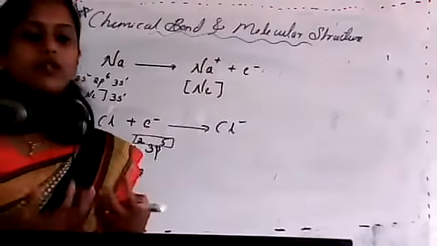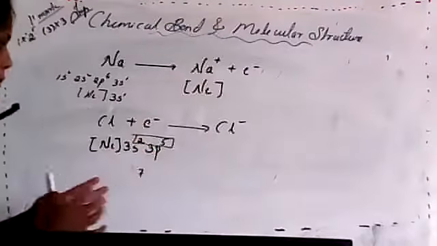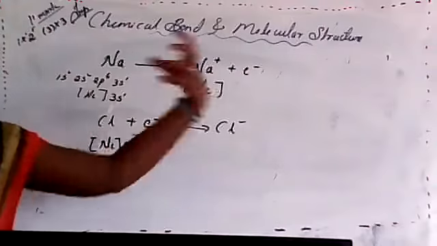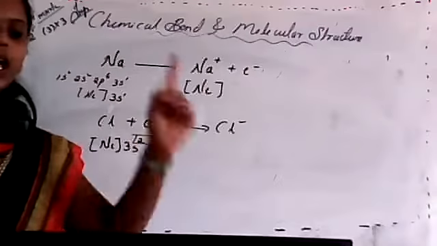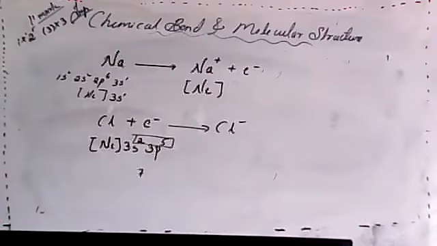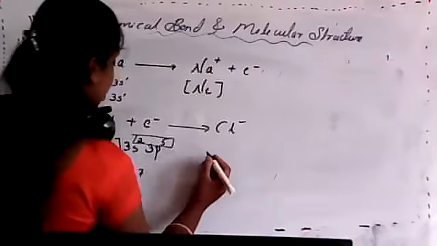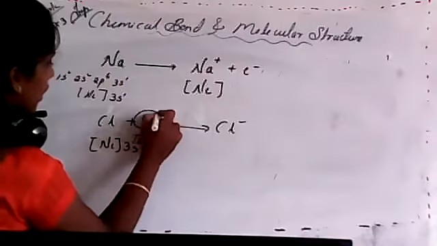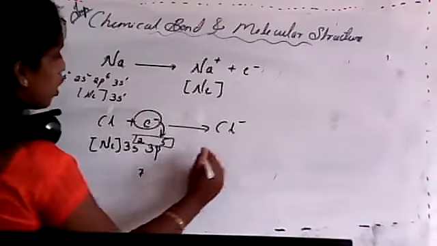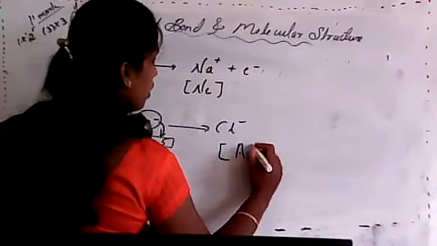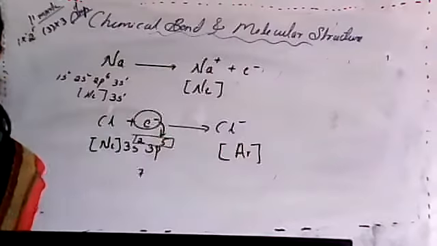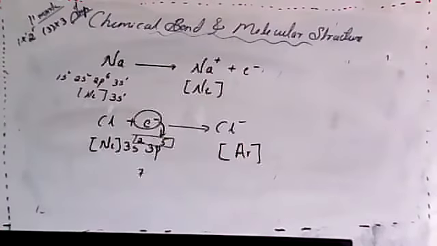But which one is very easy to form? To remove 7 electrons is easier, or addition of 1 electron? Yes, gaining 1 electron. So addition of 1 electron will give argon electronic configuration, which is again highly stable.